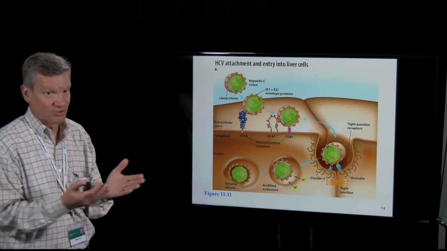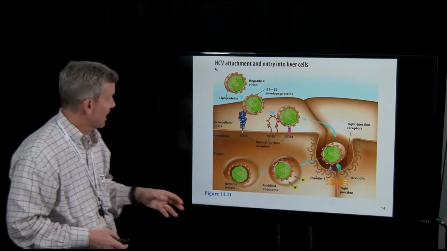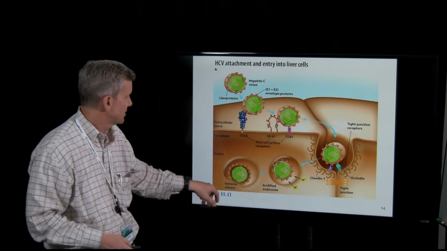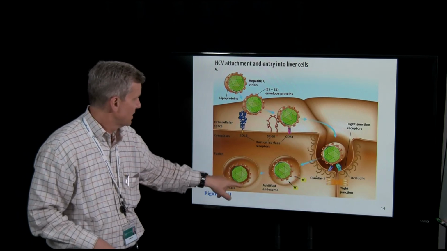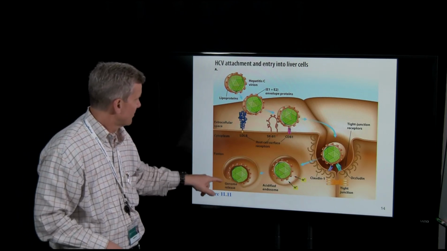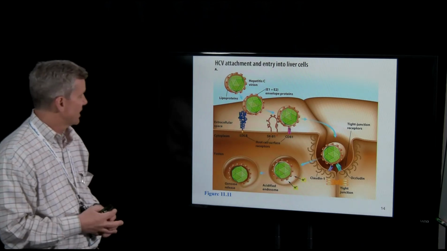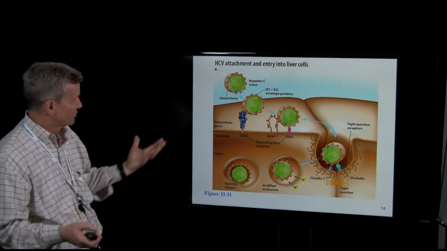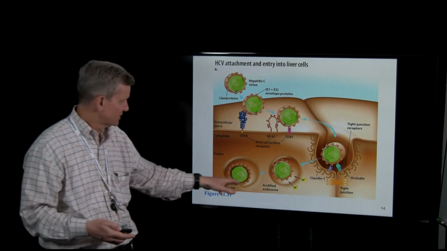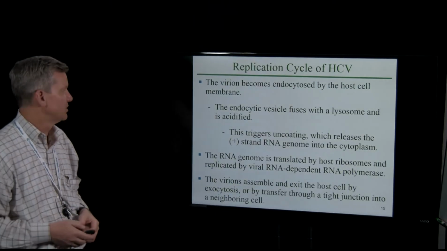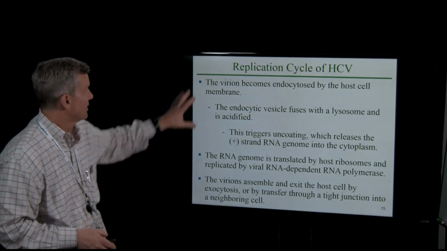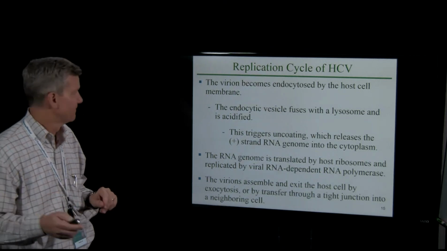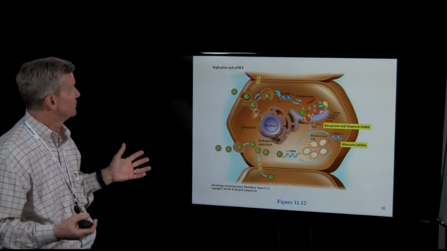And the pH of lysosomes is acidic. So we get an acidic environment, and the acidic environment allows the membrane of the virus to fuse with the endosomal membrane, releasing the capsid, which also denatures the capsid proteins and allows the genome to be released. Okay? This says pretty close to what I just mentioned. So now we have the genome released.